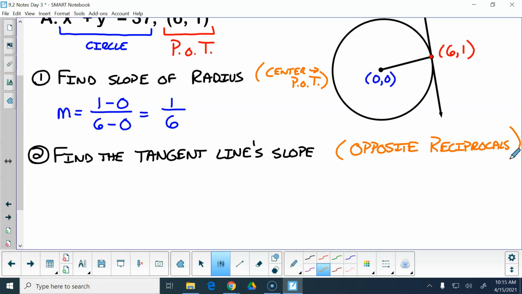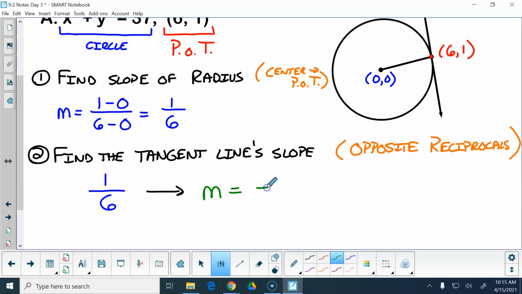So what is the opposite reciprocal of 1/6? -6. You've got to do both. We have to flip it and we have to negate it.